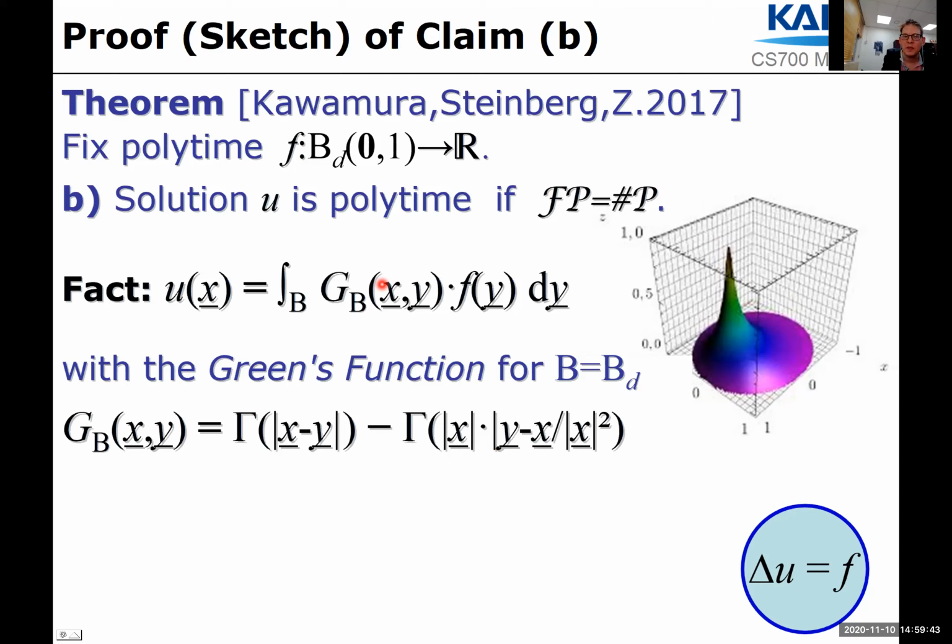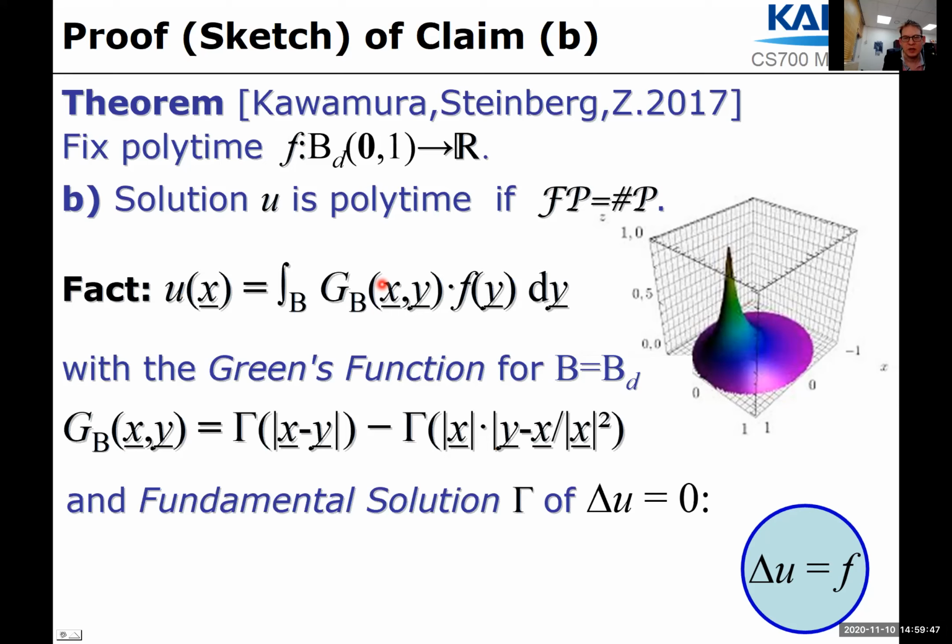It's the difference of two functions, and these functions in turn are the so-called fundamental solution of the homogeneous Poisson equation. Namely, in dimension 2 it's basically the logarithm, or the negative logarithm in this case, scaled for some normalization purposes.